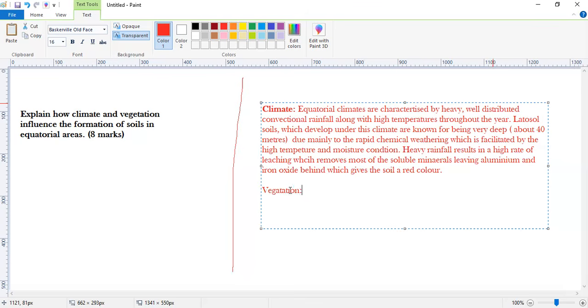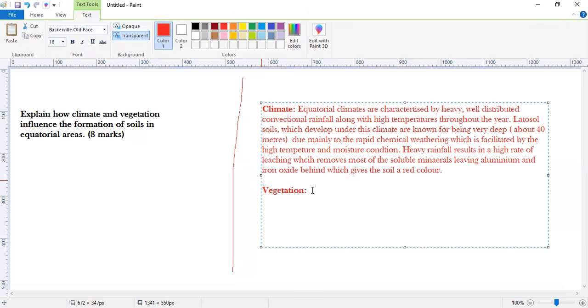All right. So vegetation, what could we say? One of the things that we could do is name the type of vegetation that is associated with this climate. The climate is mentioned in the question, but the soil and the vegetation are not mentioned.